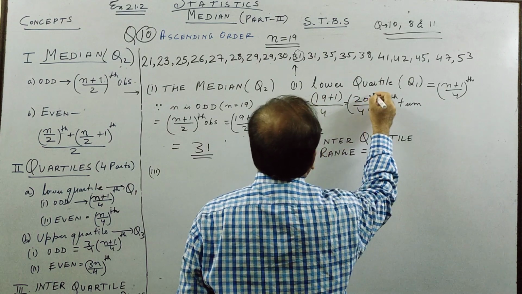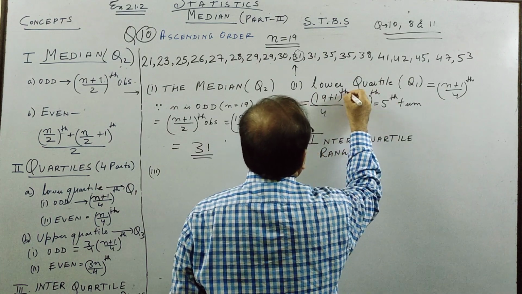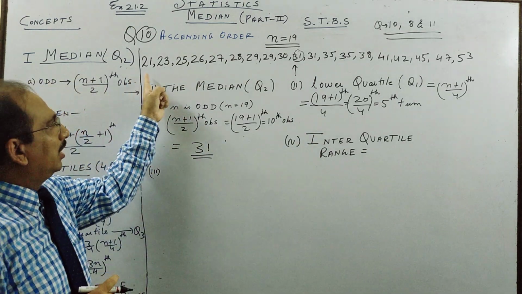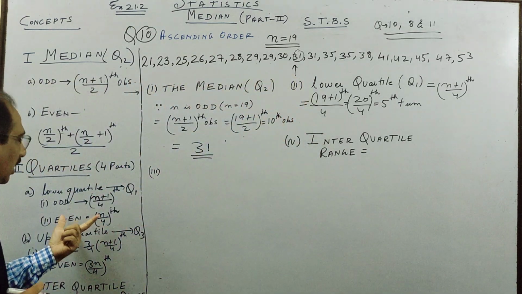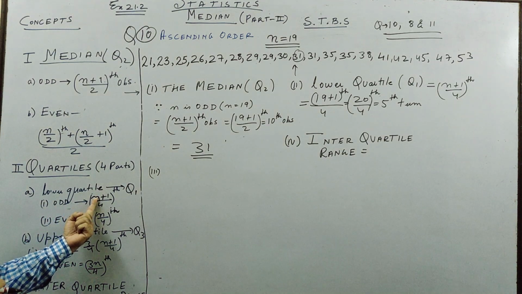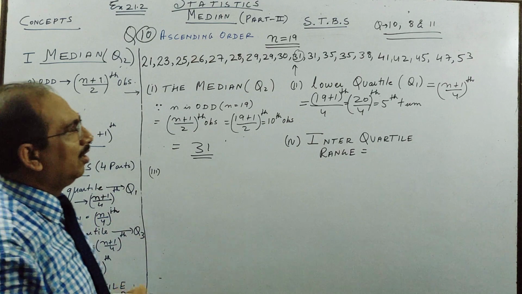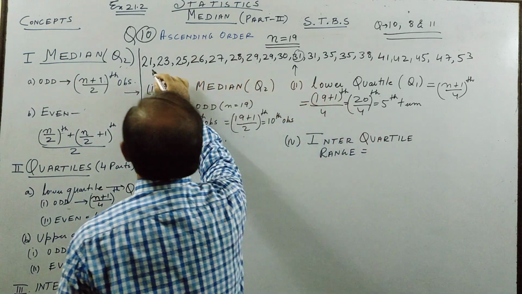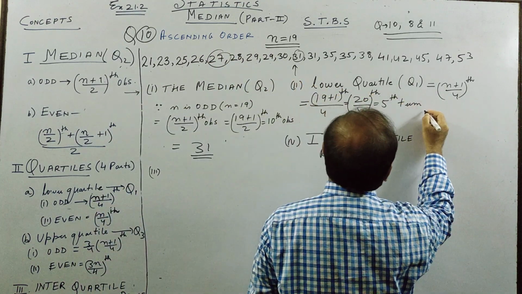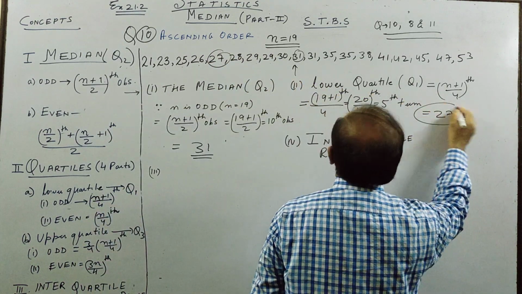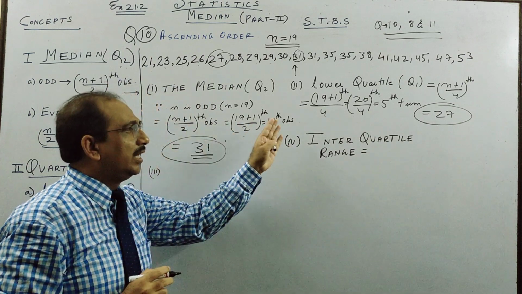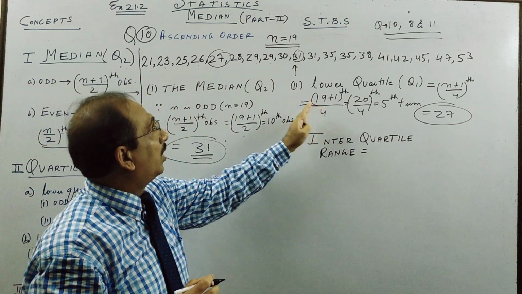Once more, if you have 19 things, the formula says lower quartile is (19 plus 1) by 4, and with logic also I'll tell you. So what is the 5th term? 1, 2, 3, 4, 5. 27 is the lower quartile. Now try to understand that lower quartile is 1/4.